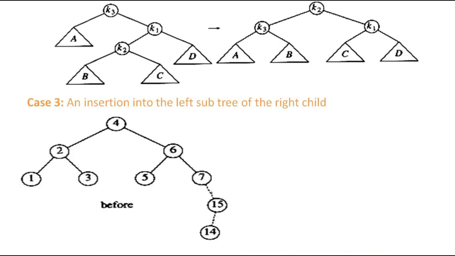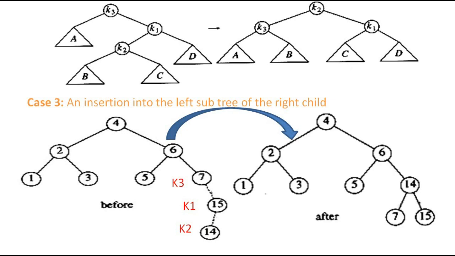This comes under the right left rotation. So you know how to do the right left rotation. Now we check with the example. The node 7 is considered as K3 and node 15 is considered as K1 and node 14 is considered as K2. Then we have to rotate like this.